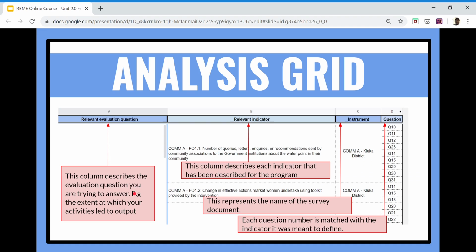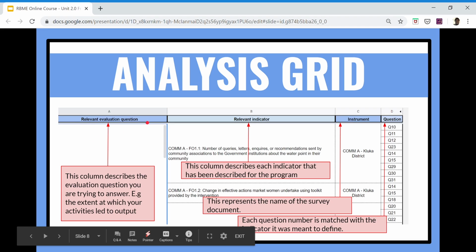One thing we normally do is to have this analysis grid, which allows you to match your indicators with the data collection instrument and the questions you will be asking, either the evaluation questions or the questions that are supposed to be in your instruments.